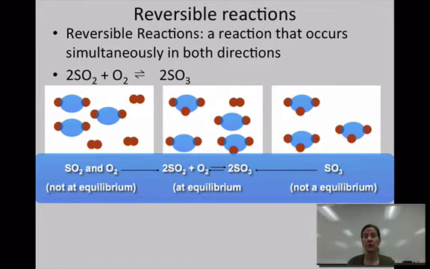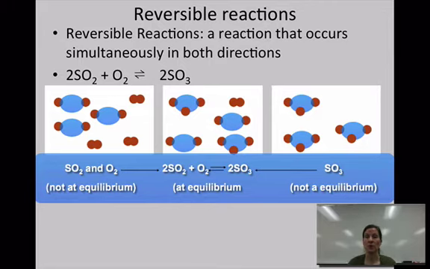A reversible reaction is a reaction that could occur in both directions. Okay? And it does occur simultaneously in both directions. So as your reactants become products, your products are also reforming or rearranging to become your reactants again. So this example right there, that SO2 plus O2 becomes SO3.